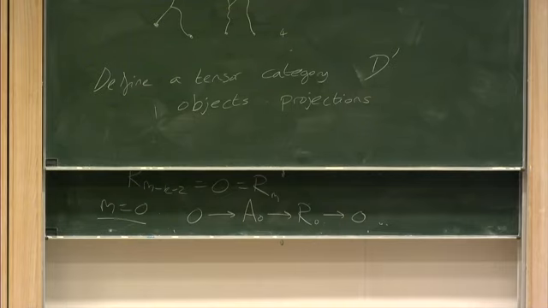So composition of tangles. So I draw my tangles the opposite way around to what Alistair drew. So mine sort of go from bottom to top. So composition of tangles here means that you stick one on top of the other and you join the strings up. So this is only defined if the number of vertices at the top of the bottom tangle and the number of vertices along the bottom of the tangle above agree, otherwise it's 0.